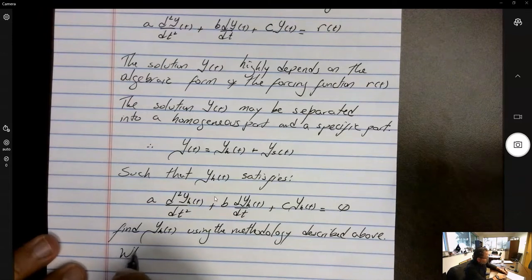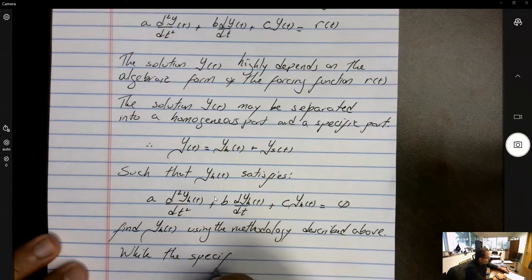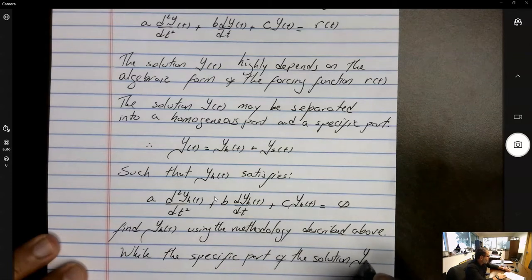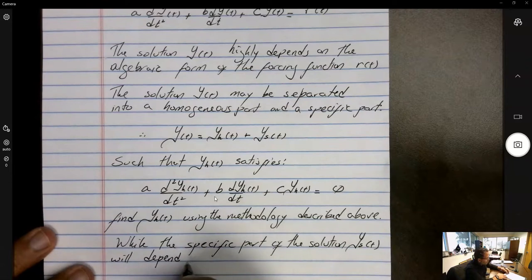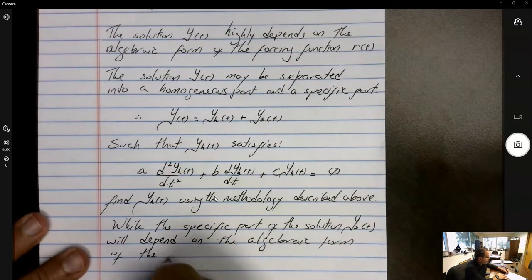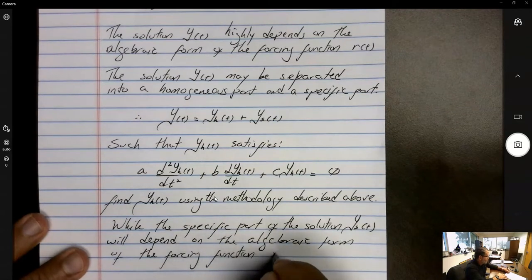While the specific solution part of the solution, ys of t, will depend on the algebraic form of the forcing function, r of t.